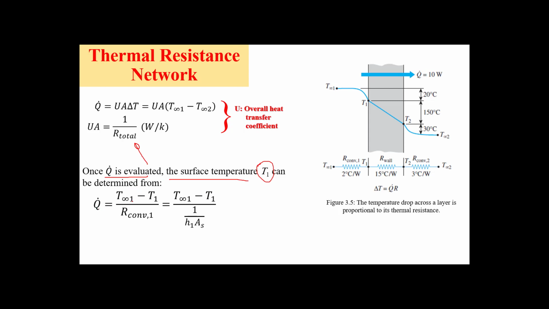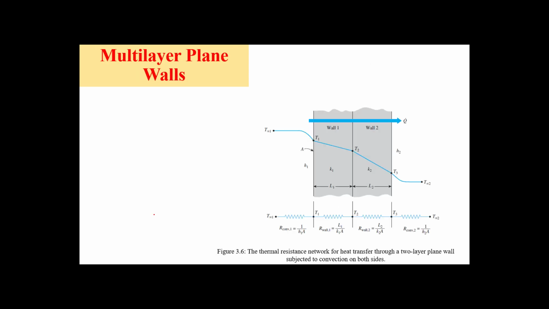You can tell me now from which direction we tackle it. Yes, from here, because we start with this temperature minus T1, and between these two temperatures we have only one resistance, which is R convection 1.